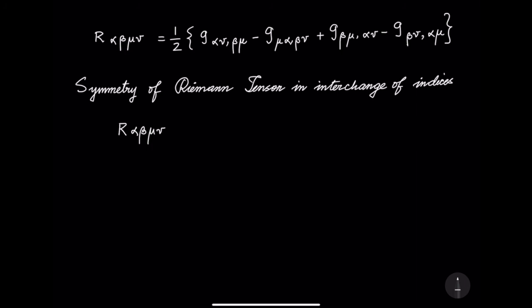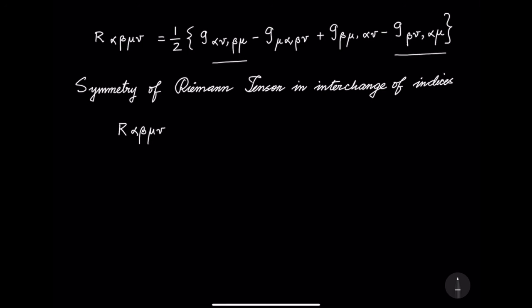Let's ask the question, what happens if I interchange the position of alpha and beta? If I interchange alpha and beta, it will become beta nu alpha mu, which is here. So these two will change places, which essentially means that at least with respect to these two, one will acquire a minus sign.